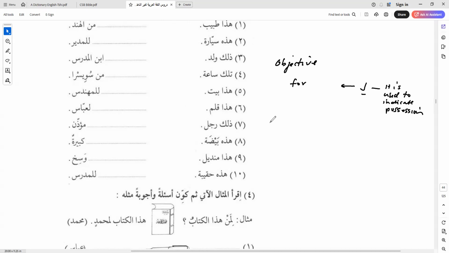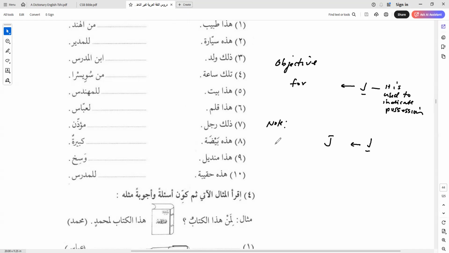However, what you need to note very critically is that li in Arabic sometimes can be la, and the meaning is the same. Li and la are used to express the same thing, possession. But the question is, when does it become la?